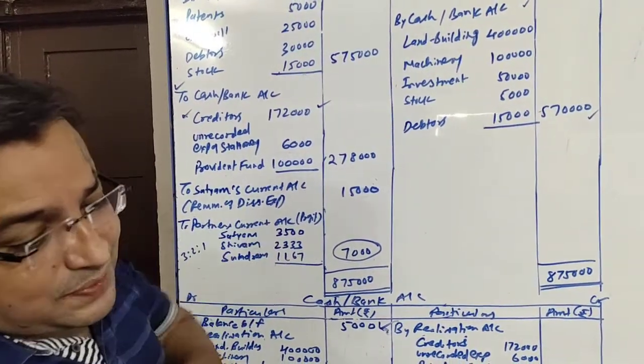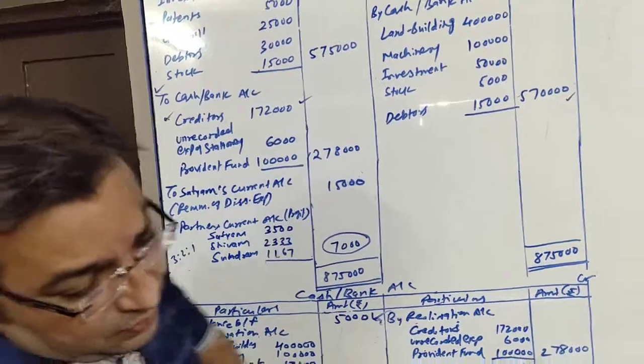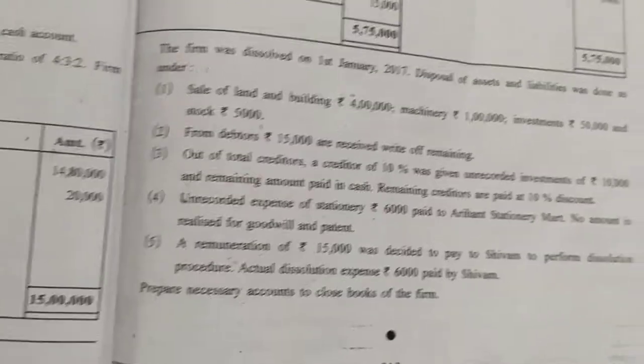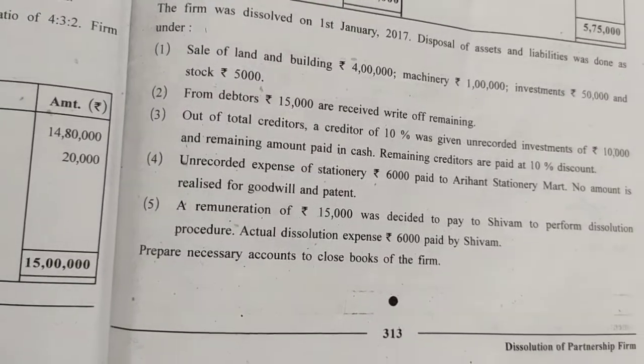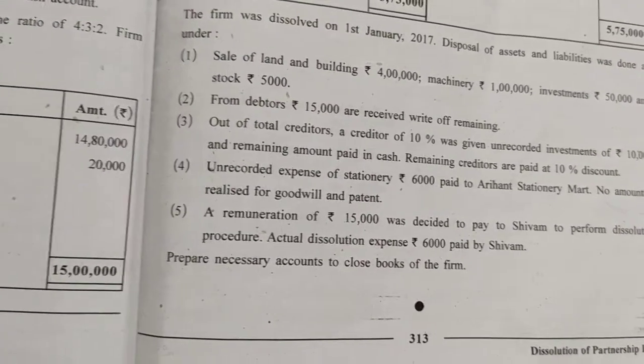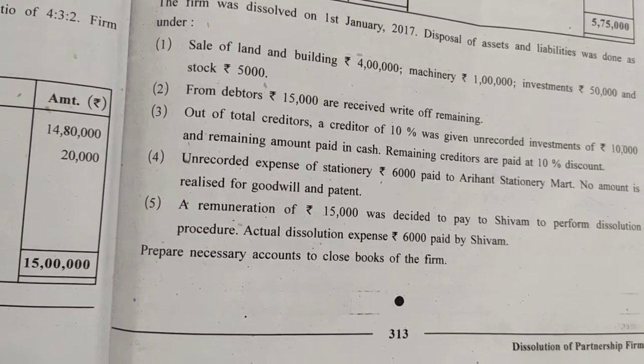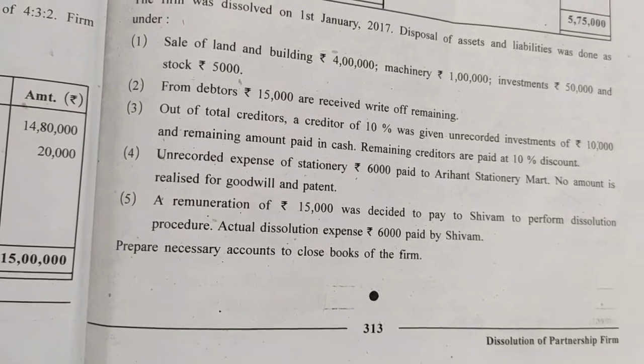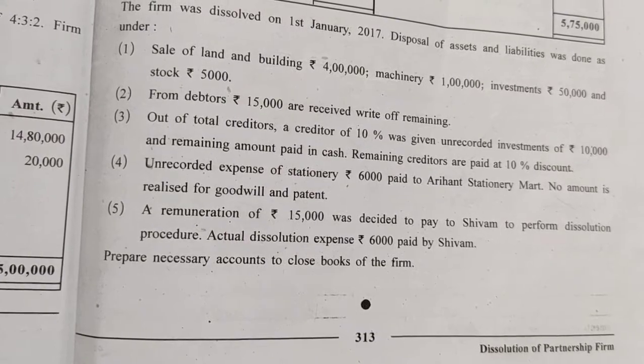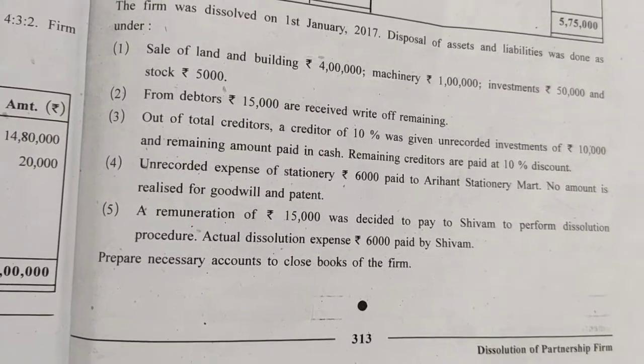Let us follow the other adjustments, then we will total this amount. Unrecorded stationery 6,000. Unrecorded expense of stationery, rupees 6,000, paid to Arihant Stationery Mart. No amount is realized for goodwill and patents.